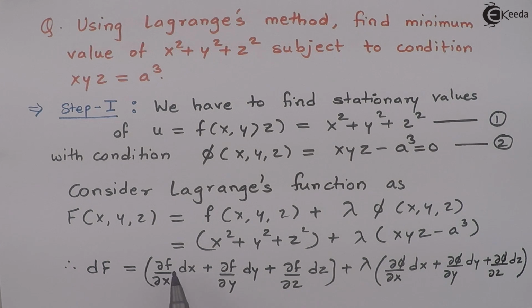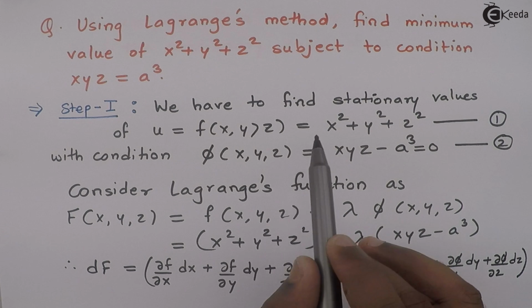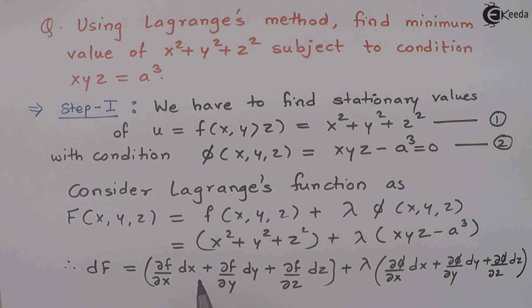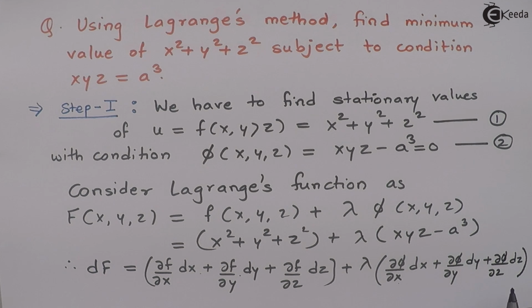So by using this formula we will get the value of dF. For that we will partially differentiate this function f with respect to x. So here we will get 2x dx, here we will get 2y dy, here we will get 2z dz. Similarly we will differentiate phi partially with respect to x, then with respect to y and then with respect to z.